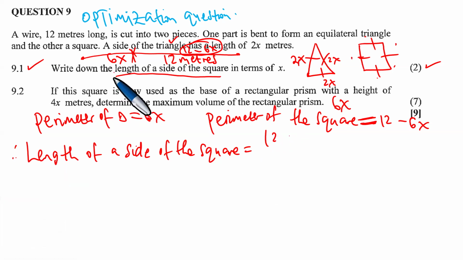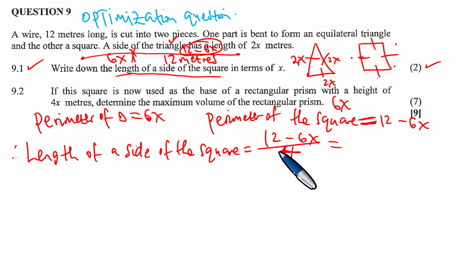One piece is used to form the equilateral triangle with side 2x, so it's 6x, and out of the 12 we remove 6x and have the remainder. This remaining part of the wire, we divide by 4.